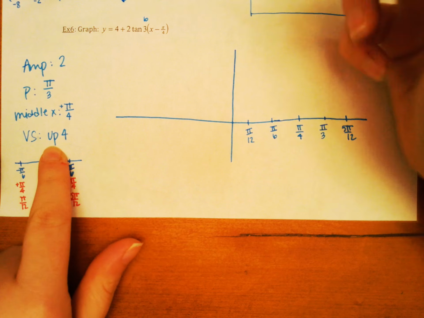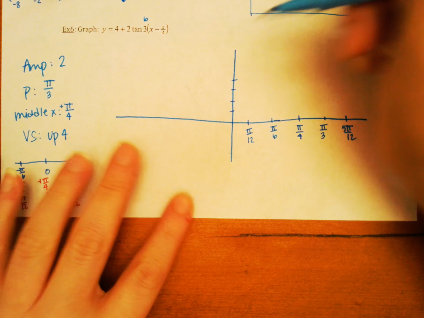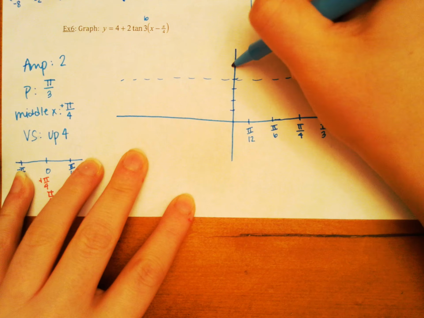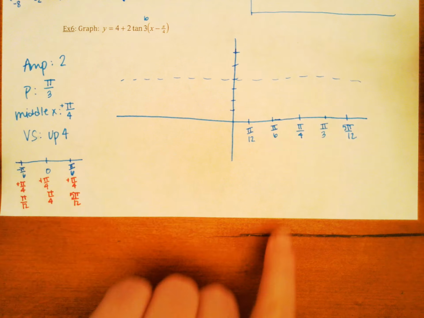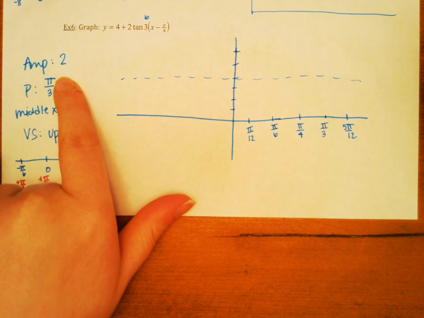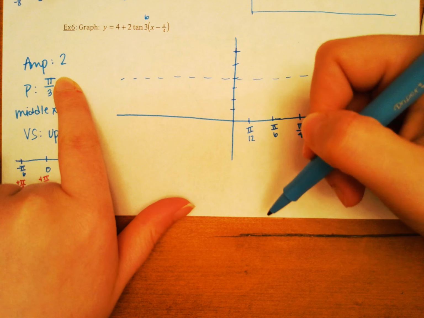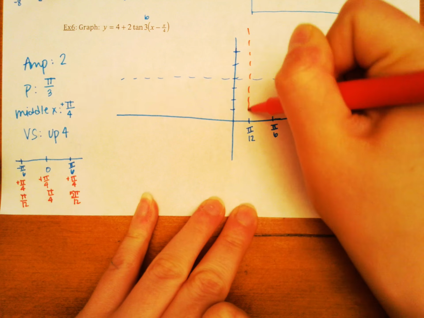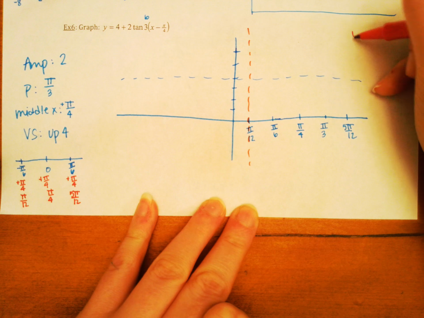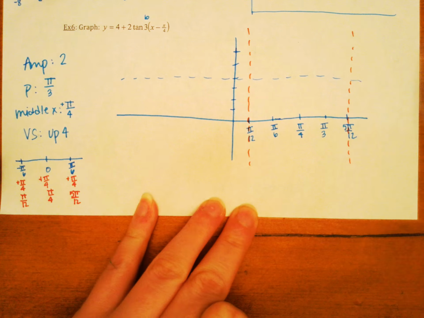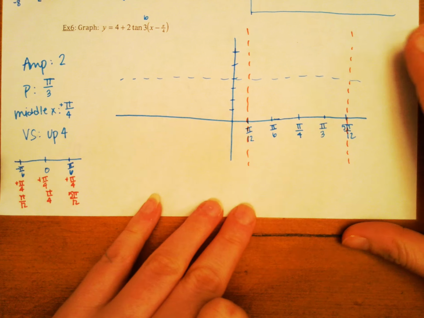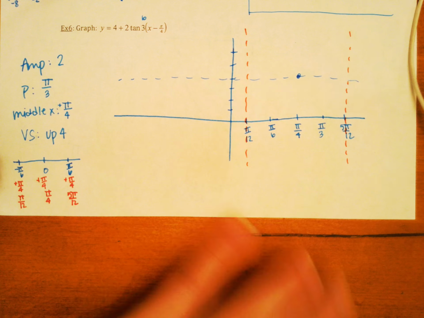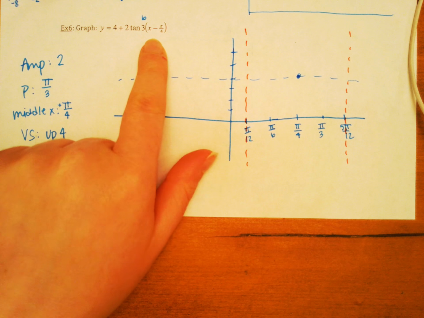We have a vertical shift of up 4 units, so that's going to be my new baseline. And we have an amplitude of 2. So from that new baseline, we're going to go up and down 2. We have our asymptotes at our critical values, our first and our last. We have a 0 at our middle one at pi over 4, which is our phase shift.